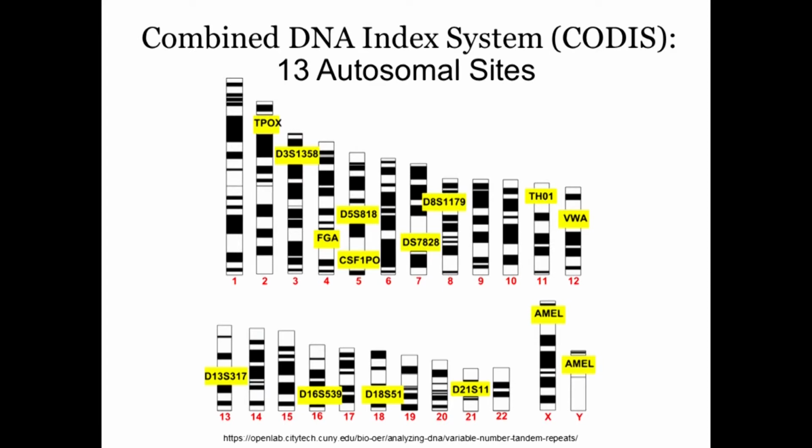And then there's 13 sites along the autosomes that are used for identification of individuals. Now, these sites are variant among members of the population because they differ in the amount of repetitive DNA that they have at those sites. So DNA can be highly repetitive, and at these specific regions, different members of the population have different lengths of these repetitive regions. And so we can find out what each individual's repeat length is at each of these sites.